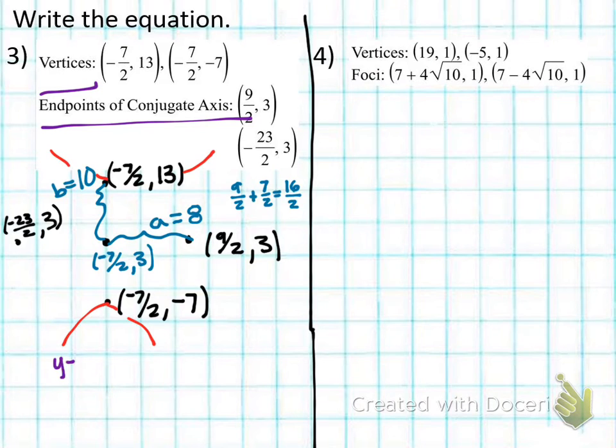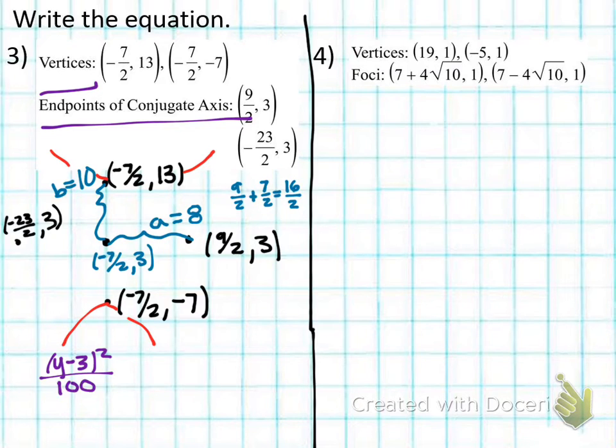Okay, and the hyperbola told me that these are the vertices. Right up here, it told me these are the vertices, so my hyperbola is going up and down. Okay, that tells me that my formula, or the standard form equation, excuse me, is going to start with y, so I have y minus the y coordinate, which is 3, so y minus 3 squared all over b squared.